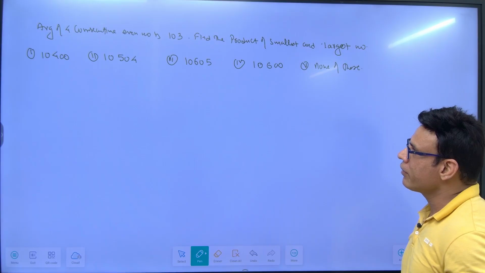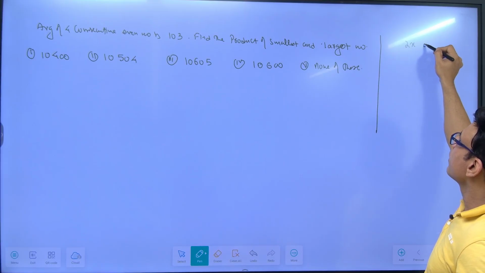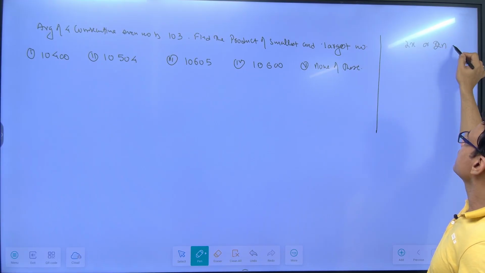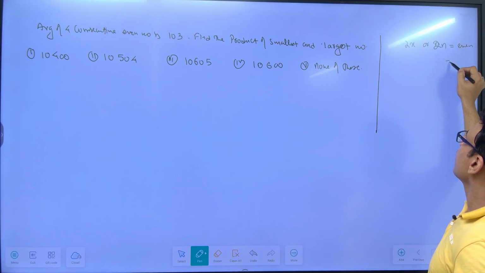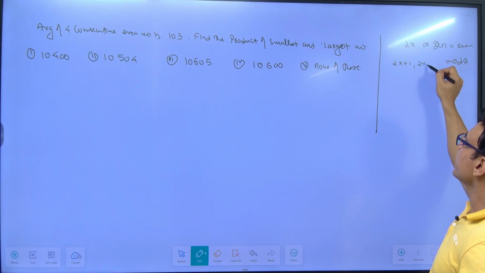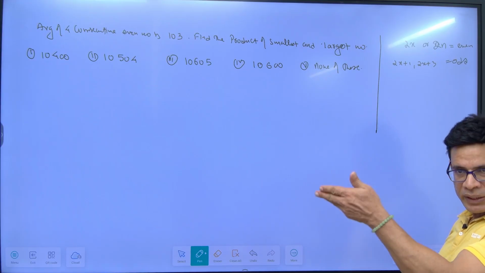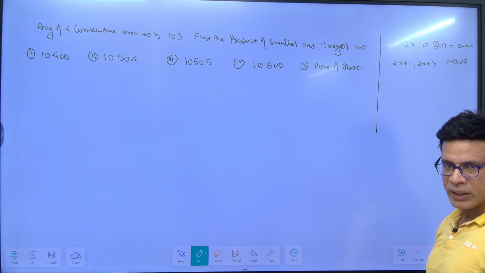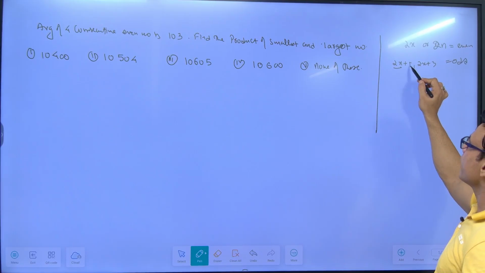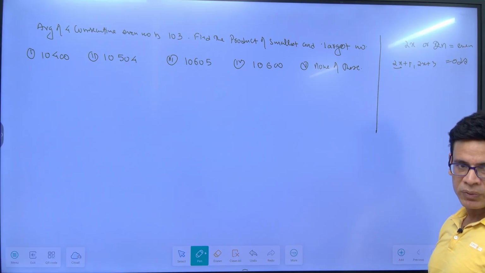First of all, whenever you have an even number, the general form should always be 2x, or 2n, or 2k, whatever. 2 into anything is even, and plus 1 will give you odd.